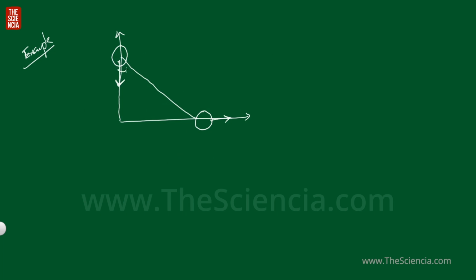And this angle is theta and this length is L. Then construct the Lagrangian. So the first step is to choose the origin. I am choosing this point as the origin. So this is my x coordinate and this is my y coordinate. And this is the mass m1 and this is mass m2.